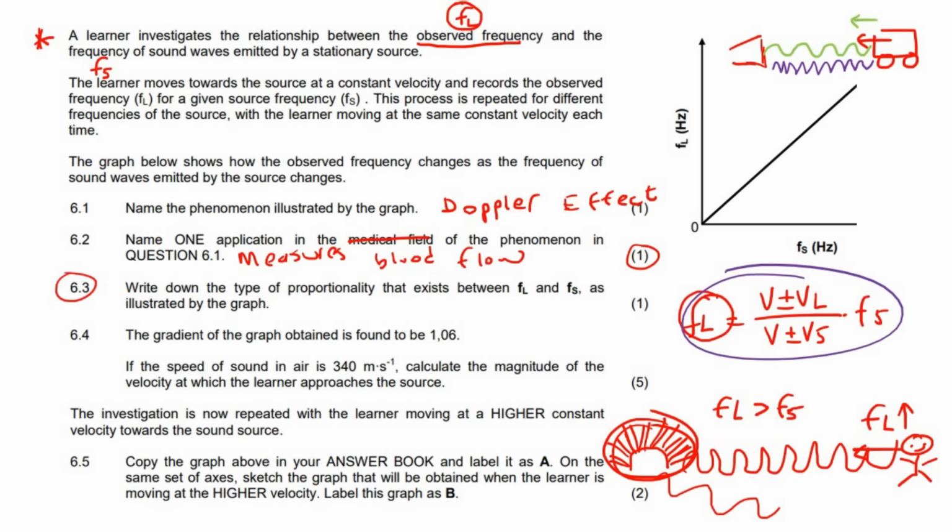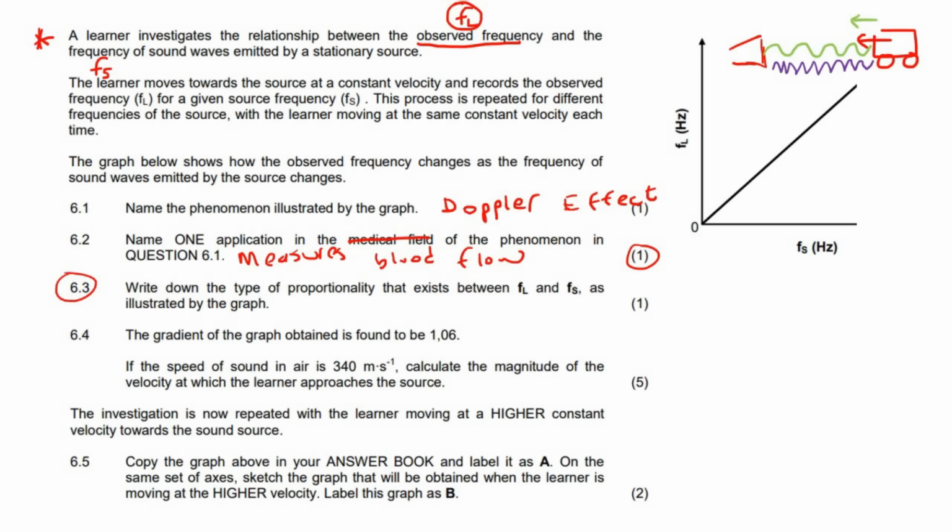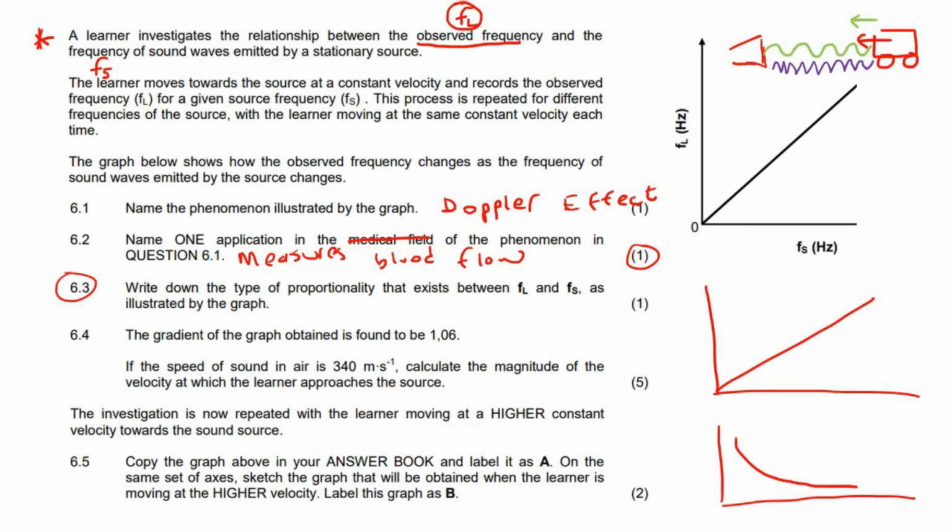This question: write down the type of proportionality that exists between FL and FS as illustrated on the graph. We get 2 types of proportionality in mathematics. Remember the words directly proportional, inversely proportional. Directly proportional is when you have a straight line, and inversely proportional is when your graph looks like that. Mathematically, start with the y-axis. So you would say that FL is directly proportional to FS.